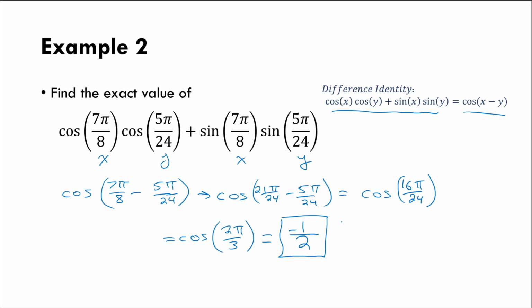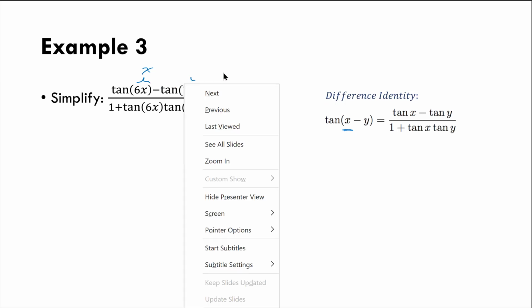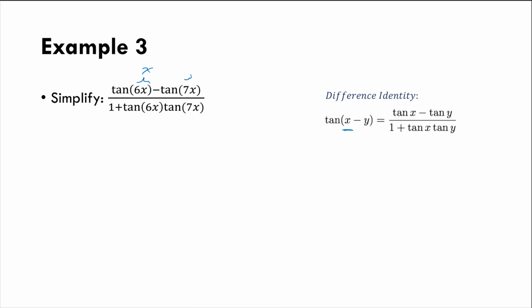All right, taking a look at our third example. Again, we're given this kind of ugly quotient here, but this really just looks like the difference identity for our tangent. So here I've got this 6x, that's our x, and then our 7x, that's our y.